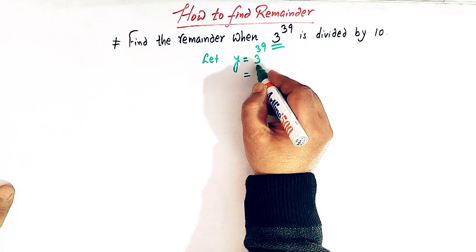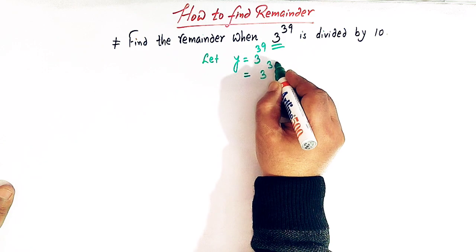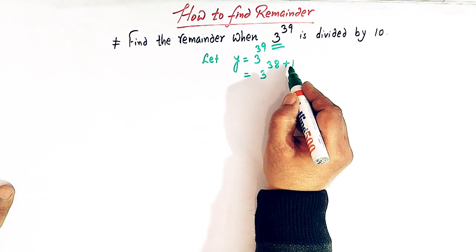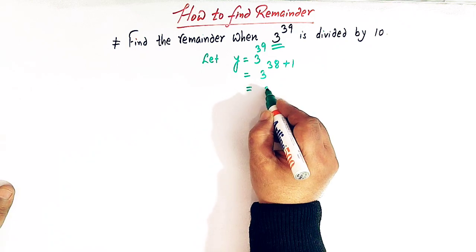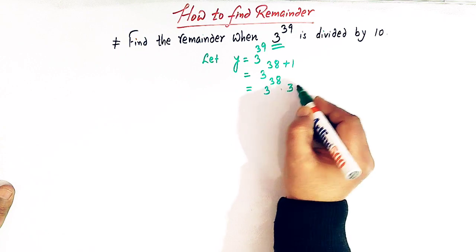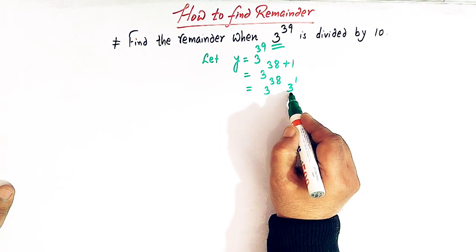Now let us rewrite this number as 3 raised to 38 plus 1, because 38 plus 1 is 39. Then we can write it as 3 raised to 38 times 3 raised to 1 by the laws of exponents.